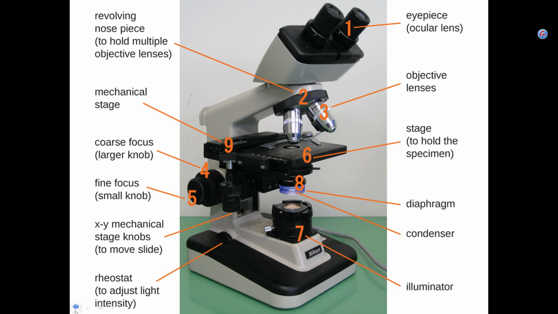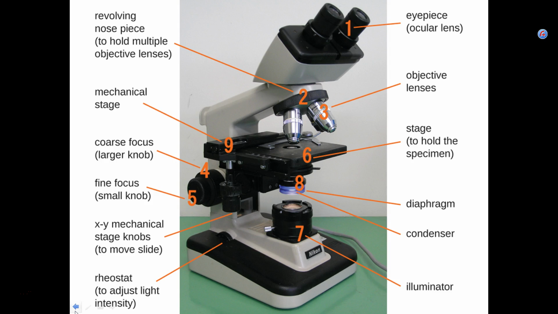It's called the illuminator here. Fancy word: illuminator stands for the lamp. There's a little lamp. Light that comes from the lamp goes in all directions. So the condenser, which you can't really see and you don't really have to worry about, focuses the light on the specimen, producing a spot of light, right?